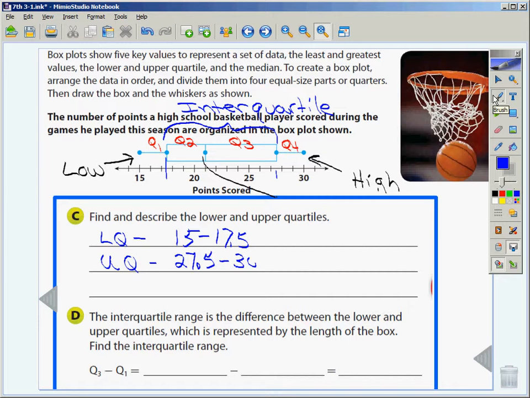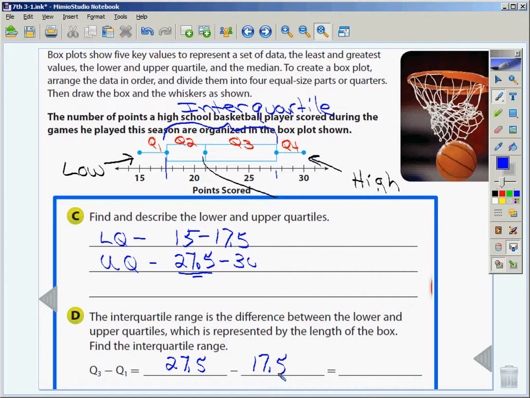In D, it asked me to find the interquartile range. Remember, the interquartile goes from Q1 all the way to the end of Q3. So, it goes from 27.5 on the high end down to 17.5 on the low end.